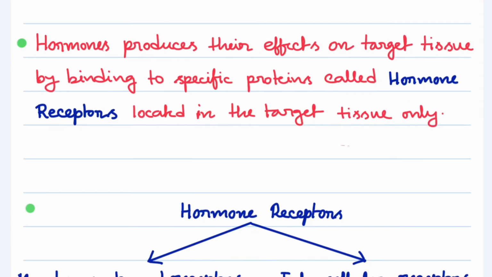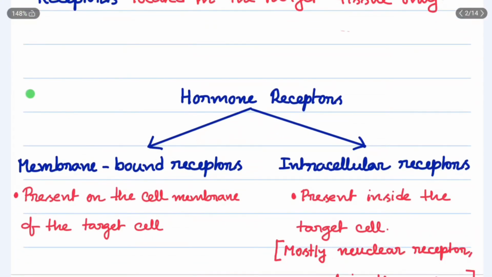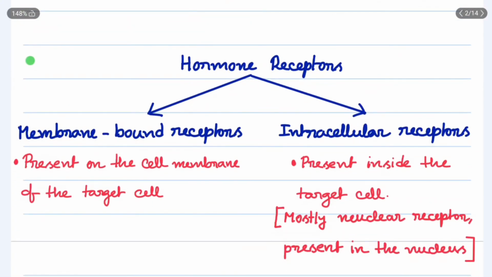As we can see, hormones produce their effects on target tissue by binding to specific proteins called hormone receptors located in the target tissue only. There are two types of hormone receptors. One is the membrane bound receptor and the other one is the intracellular receptor.